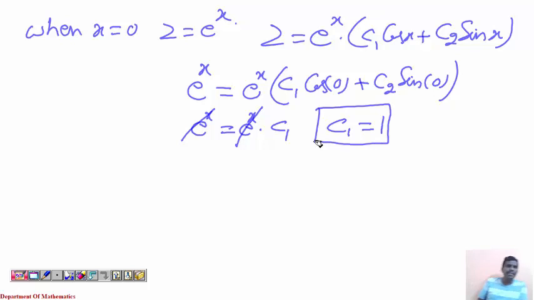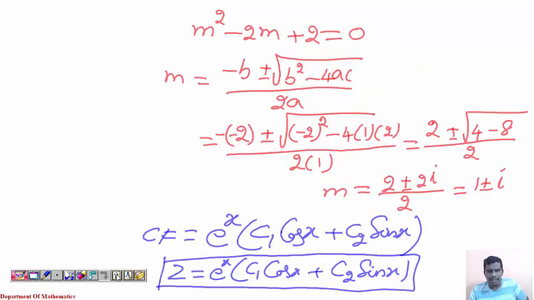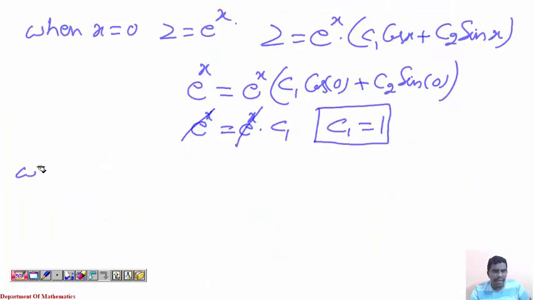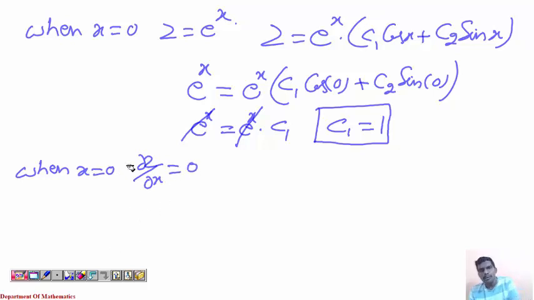Now, we have to use the second condition, which is given as dou z by dou x is equal to 0 when x is equal to 0. This is the second condition. To use this condition, we require dou z by dou x. To find dou z by dou x, here it is a product rule.